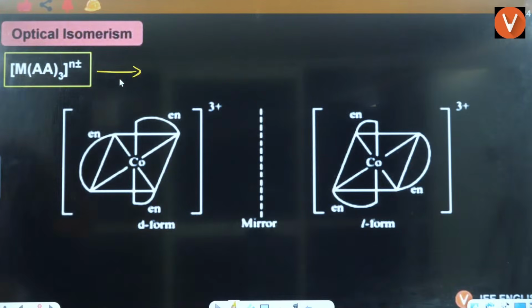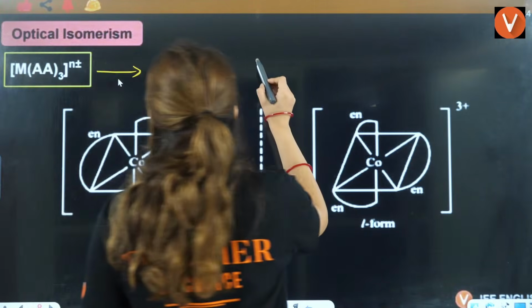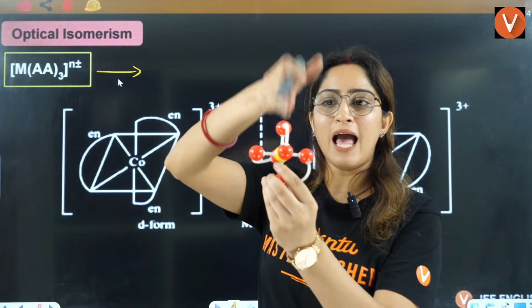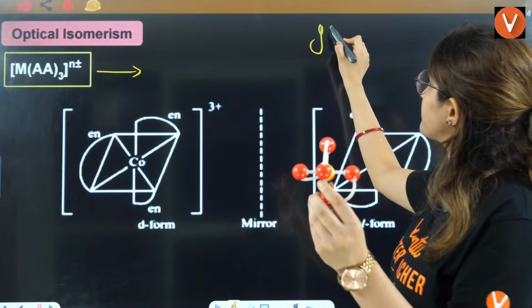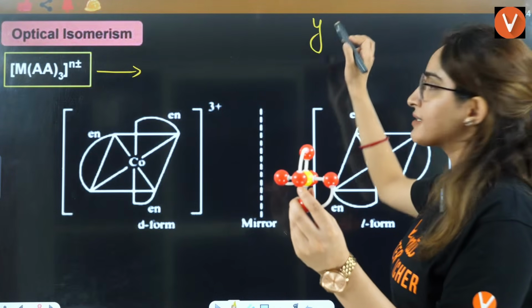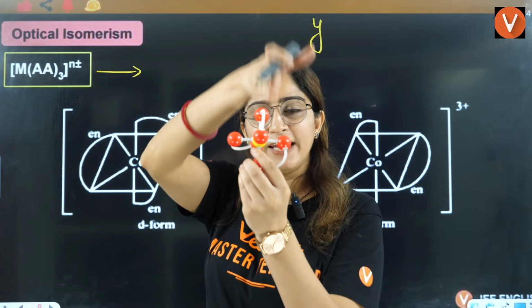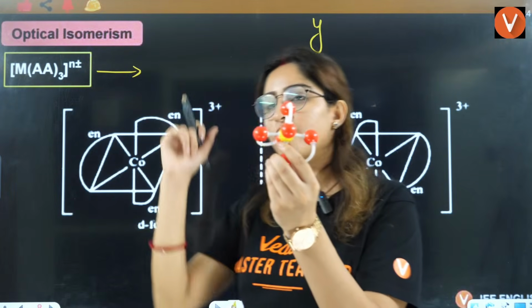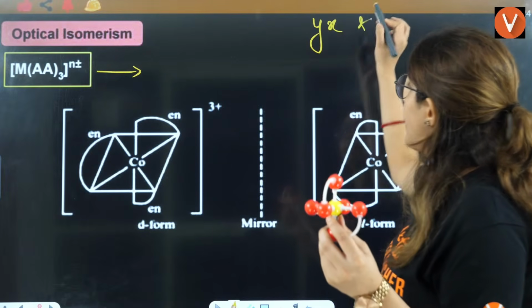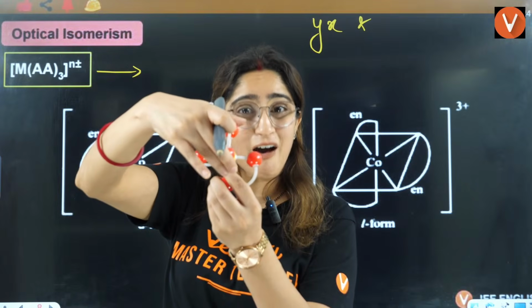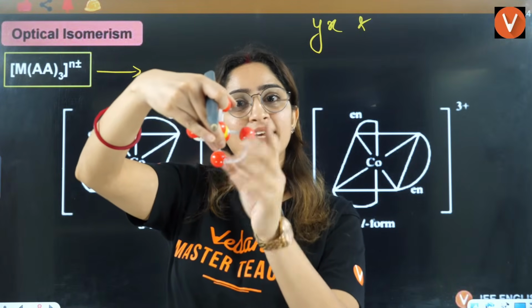That means if I divide this, this half ligand will be paired up with this x-axis, and this y-axis, half of this particular ligand, will be with this z-axis.